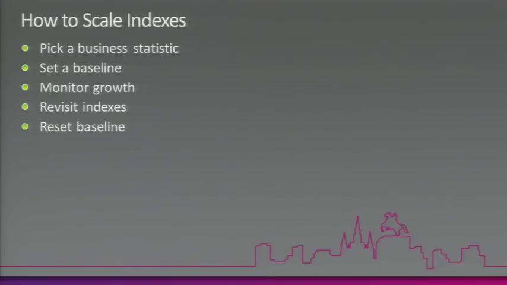Something that I can monitor inside the database, but something that means something to the business. And I'm going to go to my business guys, my project manager, and say, all right, right now we're doing $100,000 a month in sales. When this application has $200,000 a month in sales, when we've doubled, I need time to come back here and look at these indexes. I need to run the missing index DMVs to find out whether or not I need to make changes to my database.